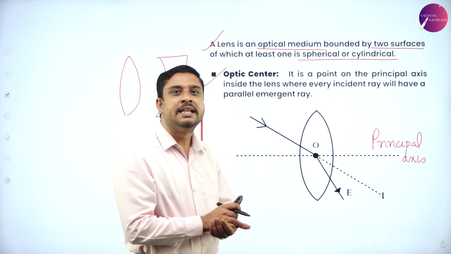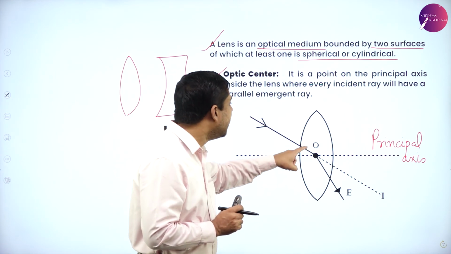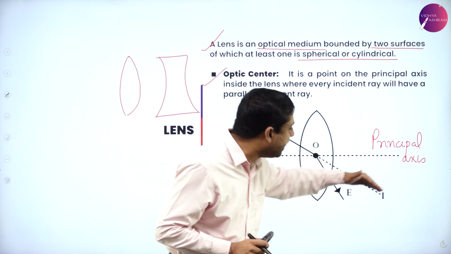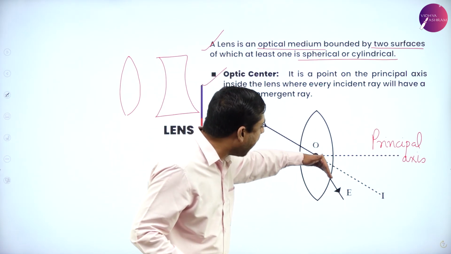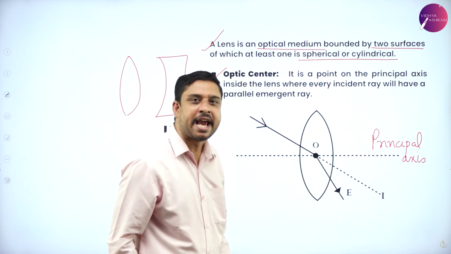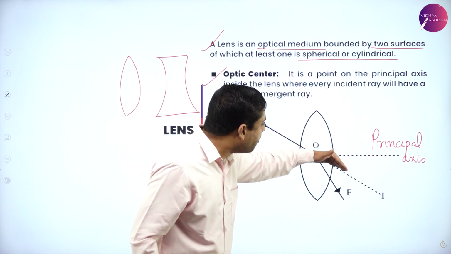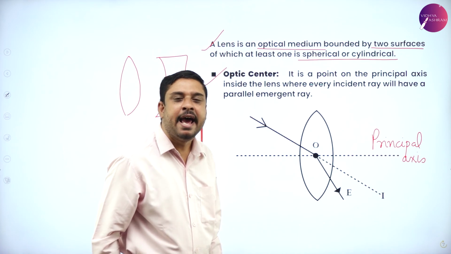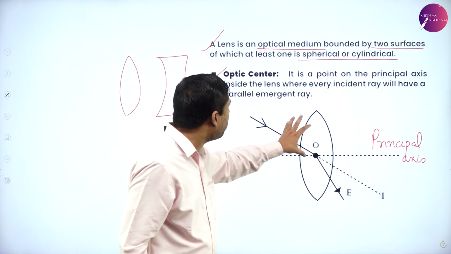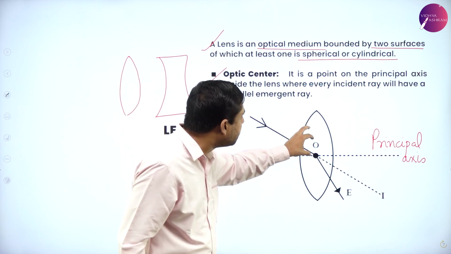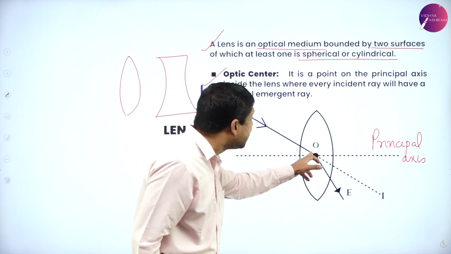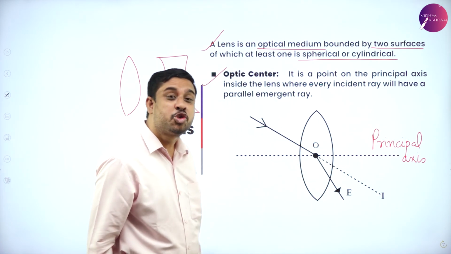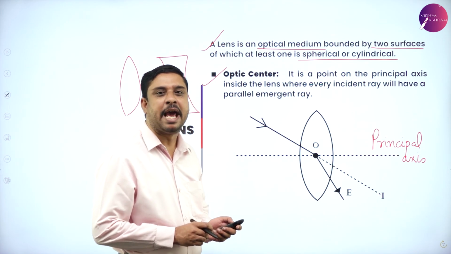It is a point on the principal axis inside the lens where every incident ray will have a parallel emergent ray. As the ray of light passes through this point, it will have a parallel emergent ray.